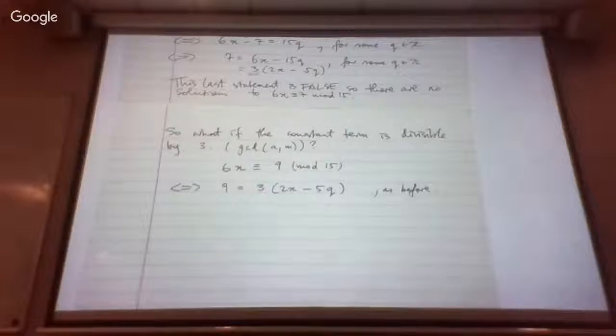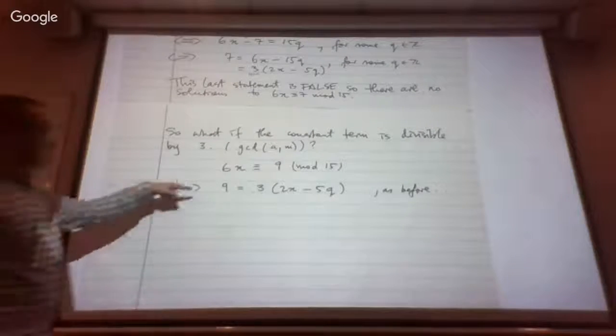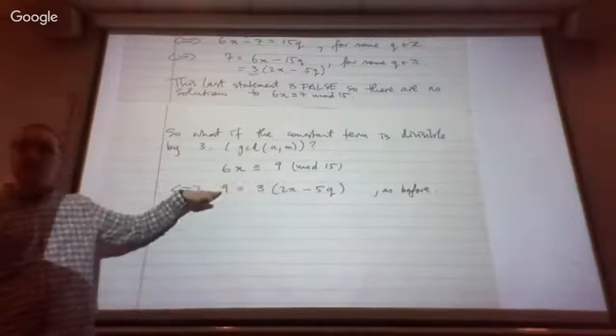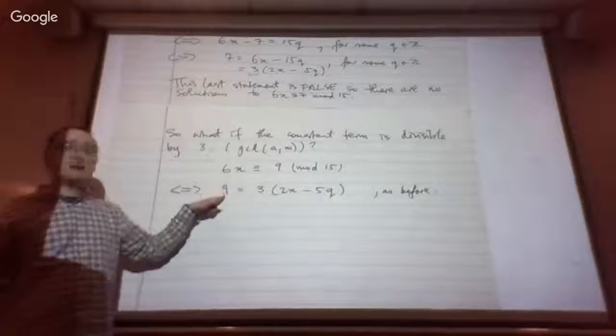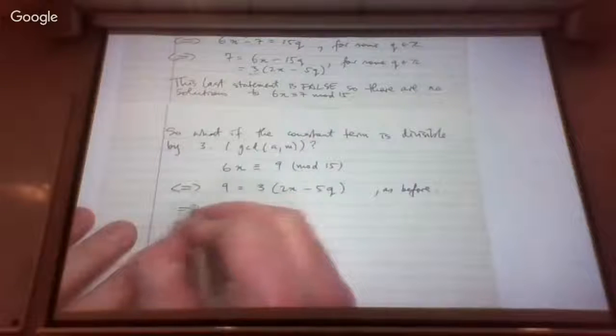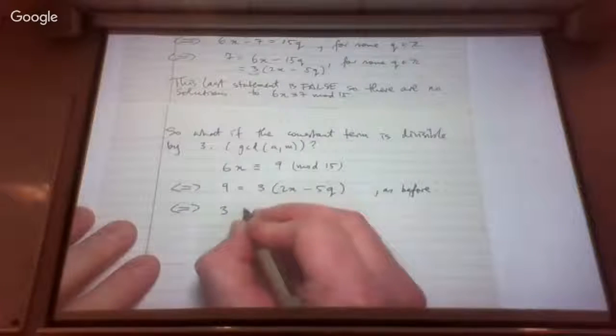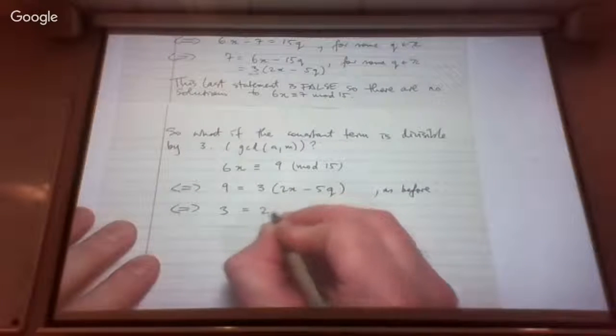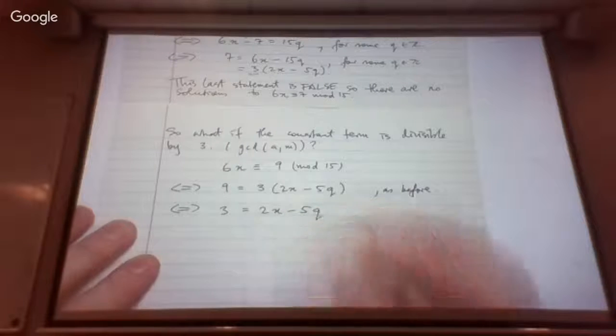It's the same sequence of steps we made before. Now this doesn't look strange, because 3 is a factor of 9. So we can simplify it by dividing by the 3. So 3 is equal to 2x minus 5q.